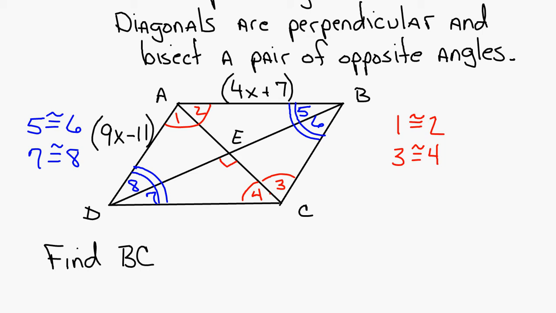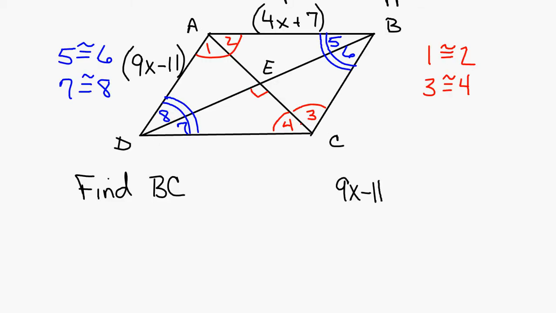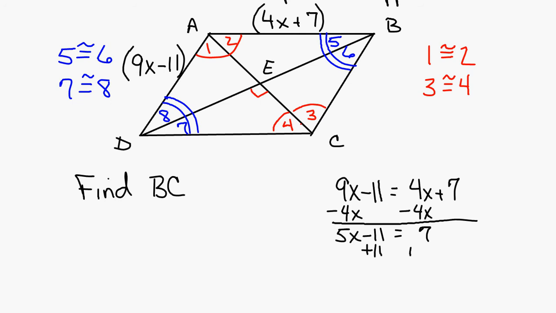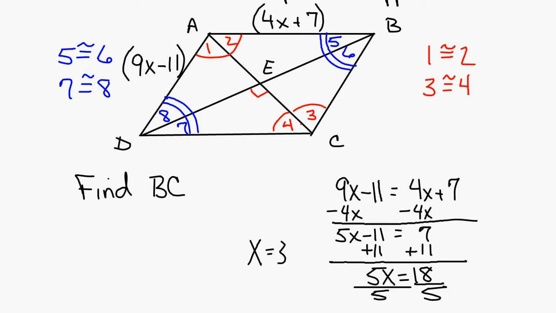So if you take 9x minus 11 and make it equal to 4x plus 7, subtract 4x from each side, 5x minus 11 will be equal to 7, and you could add 11 to each side. So 5x will equal 18, and you could divide each side by 5, and x equals 3.6.